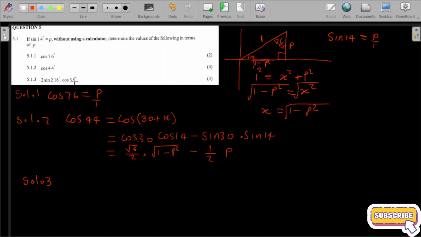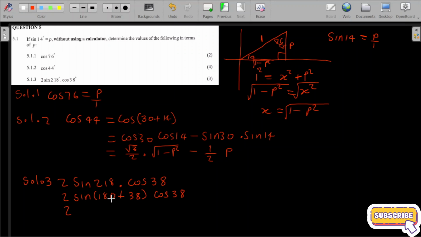Now 5.1.3. Here I'm having 2 sine 218 times cos 38. Now from this 218, I can say this is sine of 180 plus 38, and cos of 38.